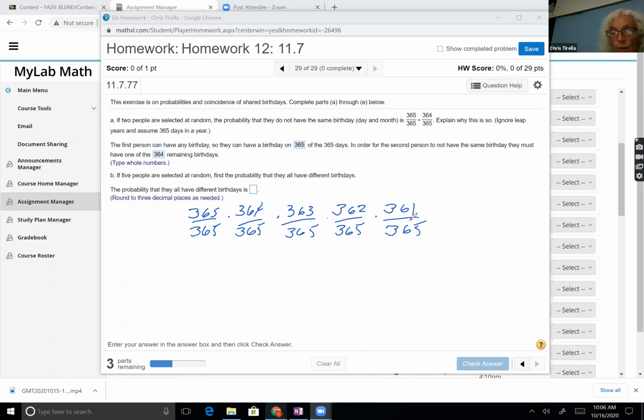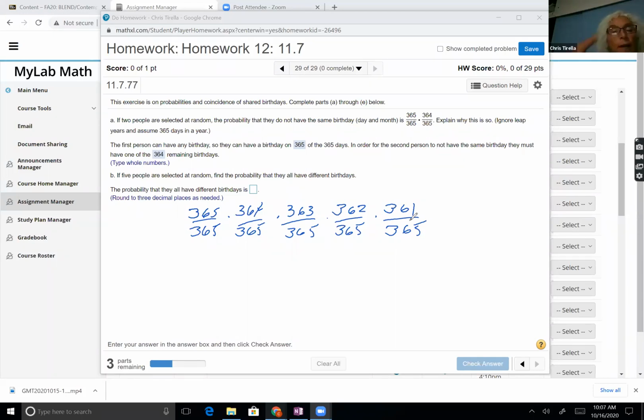Oops, that's why my number was so off base. It would help if I typed it right: 365 times 364 times 363 times 362 times 361 divided by 365 to the 5th.